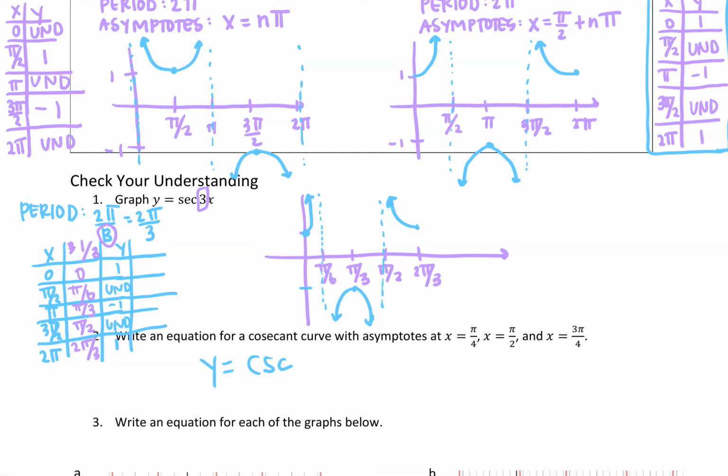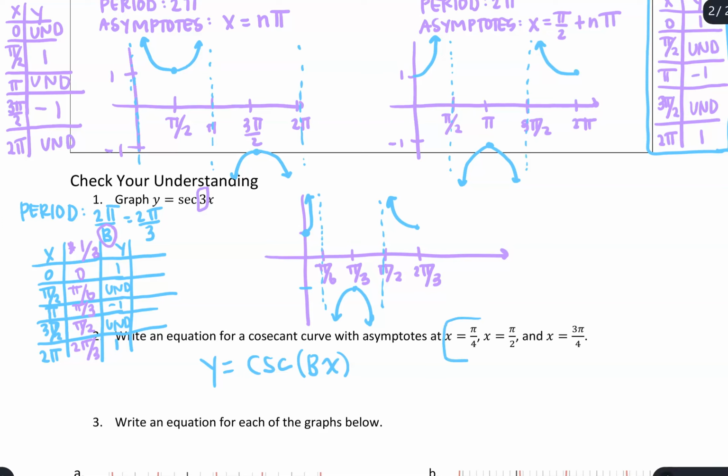A 2? Okay, so if I'm going to change my asymptotes, just like I changed my asymptotes for that secant one, what letter am I going to have? B, good deal. So I'm going to have some B right there, inside there, for sure. Now what is that B going to be? It's going to be a whole number.